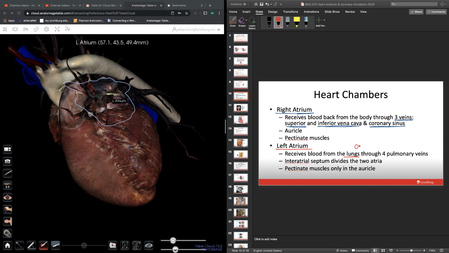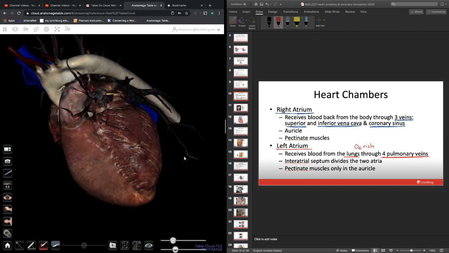This is now going to be oxygen-rich blood because it's already been through the pulmonary capillaries. It's going to receive blood through 4 pulmonary veins that drain into that left atrium.